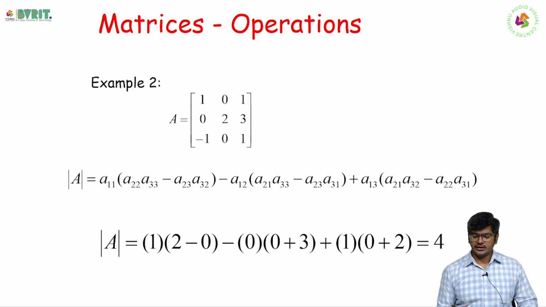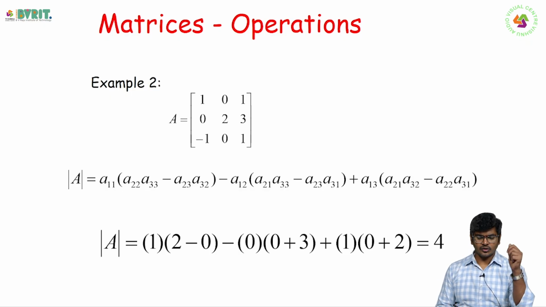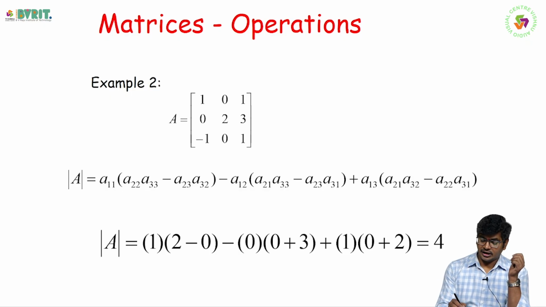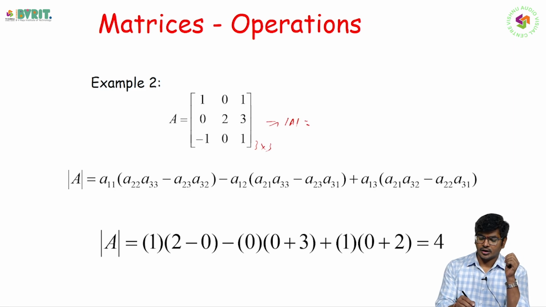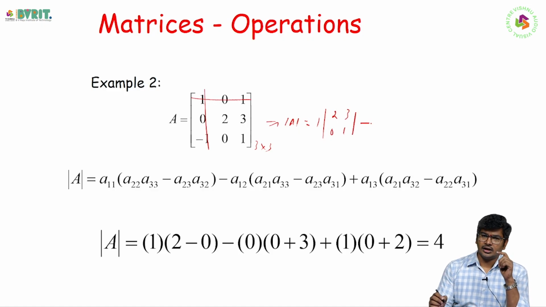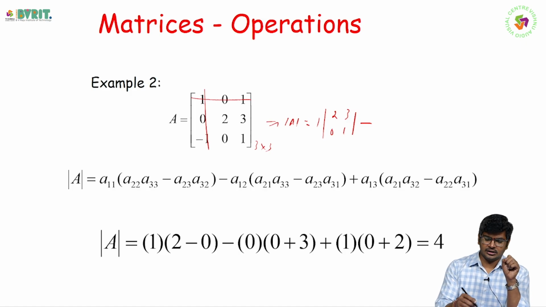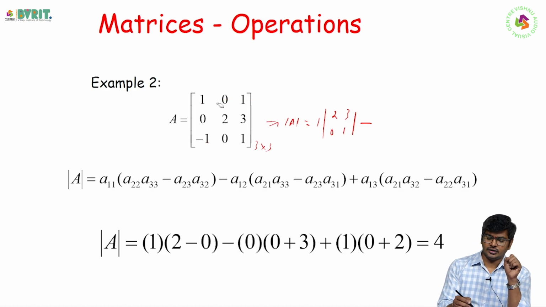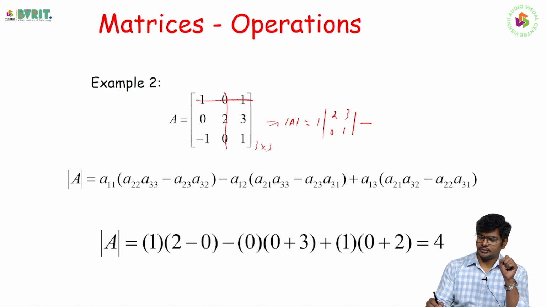For example, A is a 3 by 3 matrix. How to find the determinant? The det A is equal to: the first element is 1. Delete its row and column. The elements are 2, 3, 0, 1. Next, take minus. Every second row or second column takes the opposite sign. Minus 0, remove this row and this column.